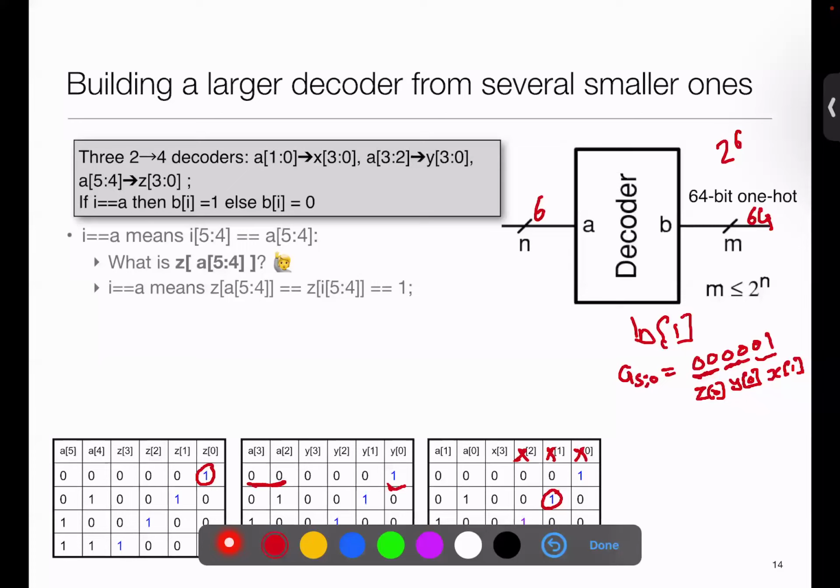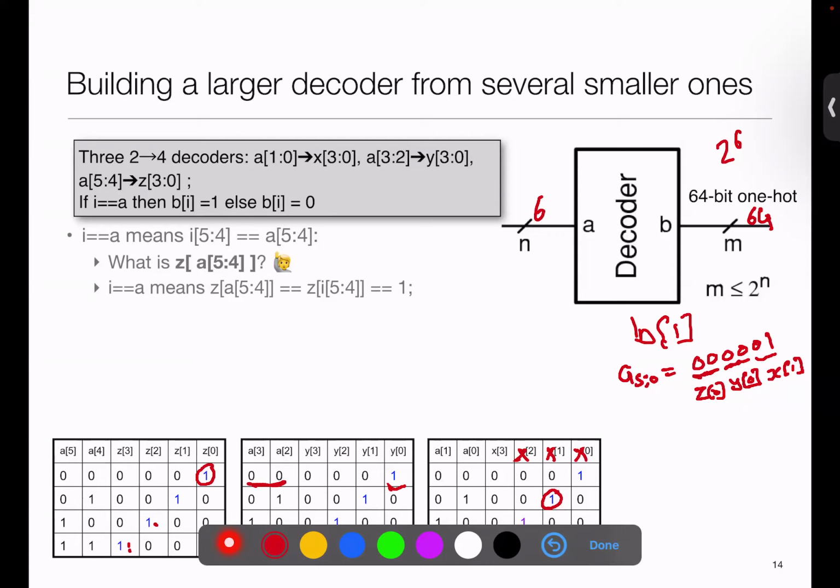So bits 5 and 4 can take 4 possible values. They could be either 0, 0, or 0, 1, or 1, 0, or 1, 1. And depending on whether A5, A4 is 0, 0, then Z0 is 1. If A5, A4 is 0, 1, then Z1 is 1. If A5, A4 is 1, 0, then Z2 is 1, as you see out here. And finally, if A5, A4 is 1, 1, then Z3 is 1.